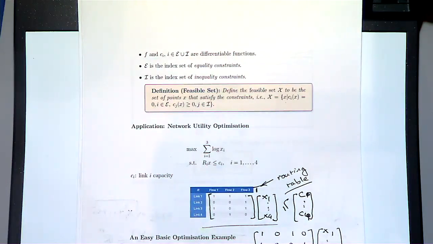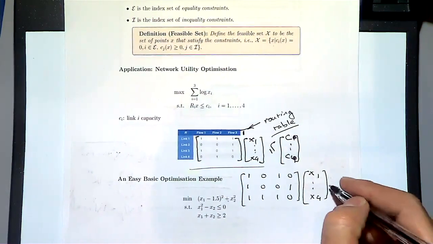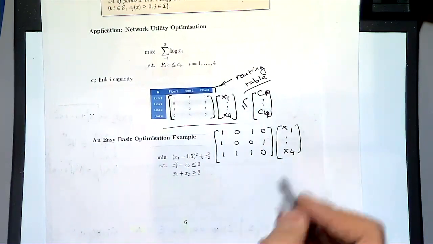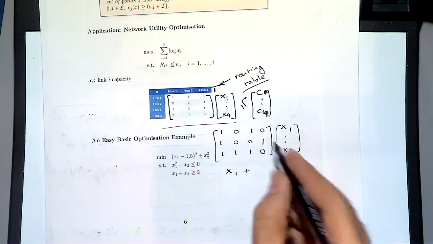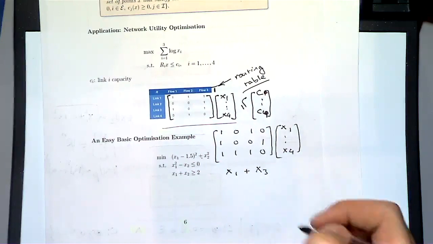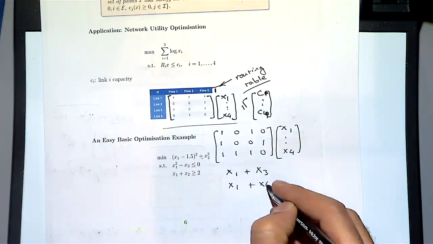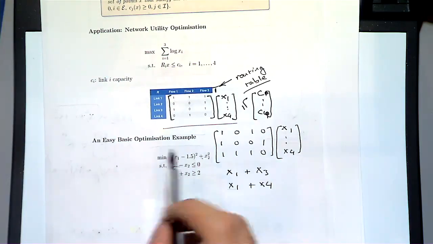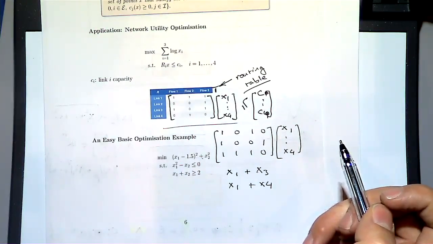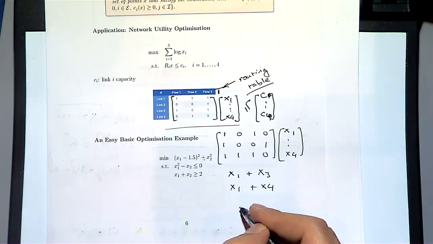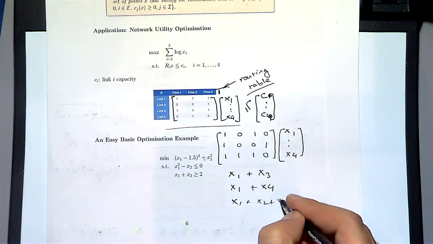So if I now multiply, it would be x1 plus 0x2, x3, no x4s. The second one gives me x1, x4, and then I missed one line as well. x1, x2, x3.